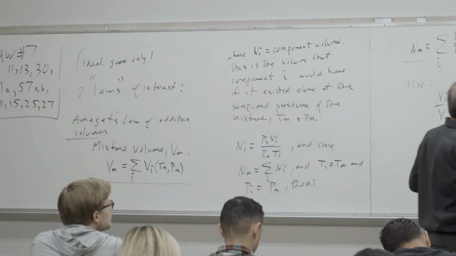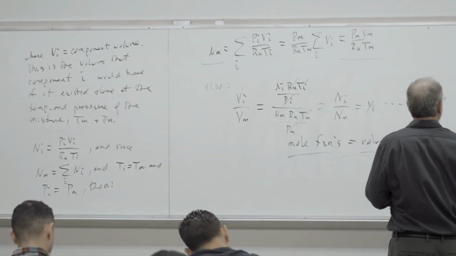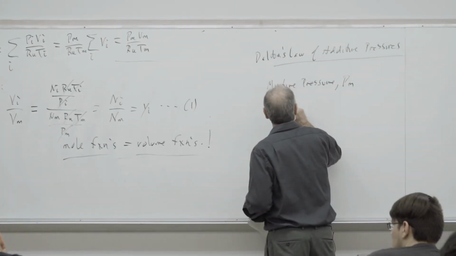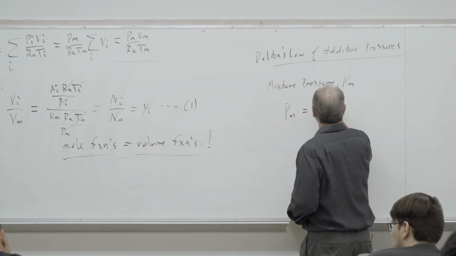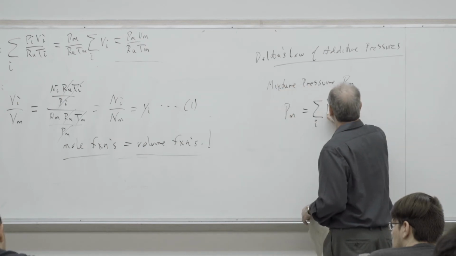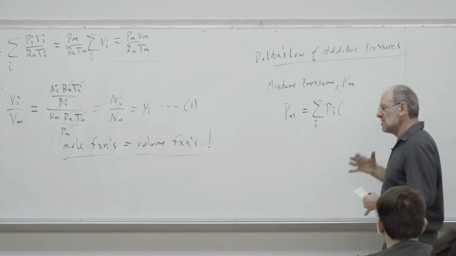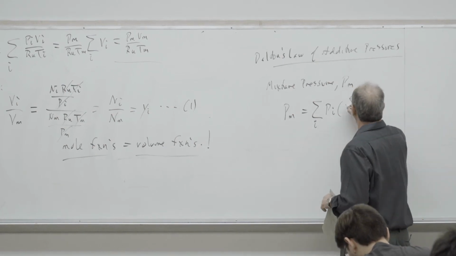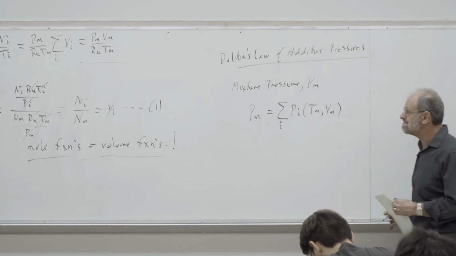So it's the same kind of thing, it's just essentially replacing volume with pressure. So Dalton's law, the pressure of the mixture is going to equal the sum over all components i of Pi. And again, that pressure would assume that it would be at the same temperature and volume of the mixture.